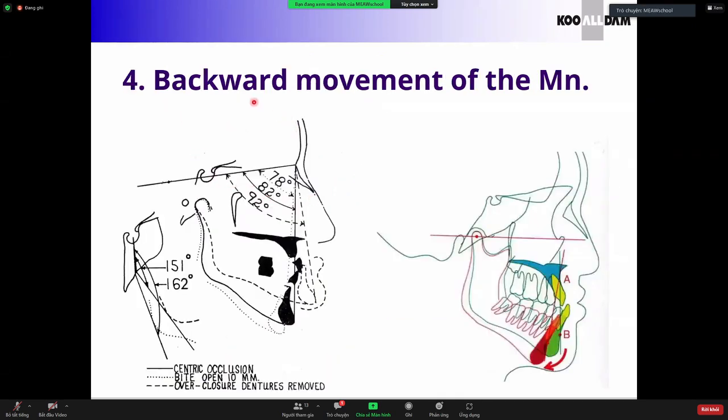Fourth, backward movement of the mandible. You can see this is an edentulous patient, and then you can see the class 3 profile. When we insert denture, and then we can see the nice profile and increasing vertical dimension.